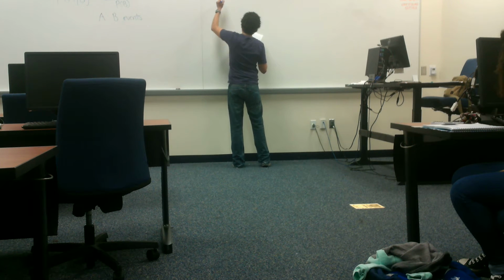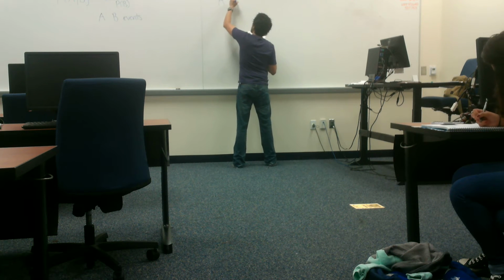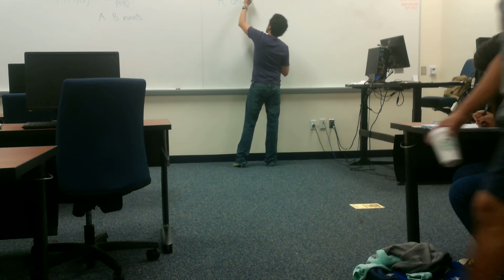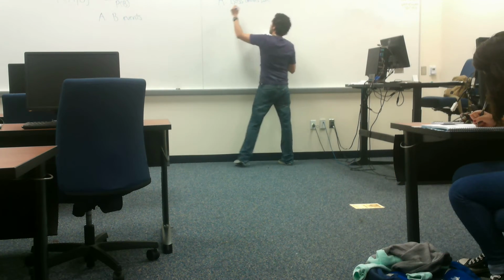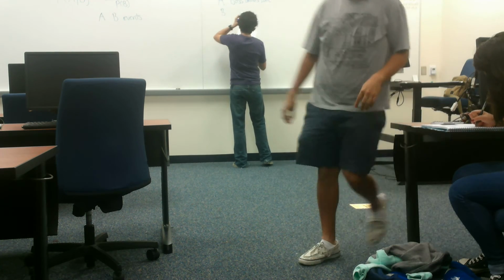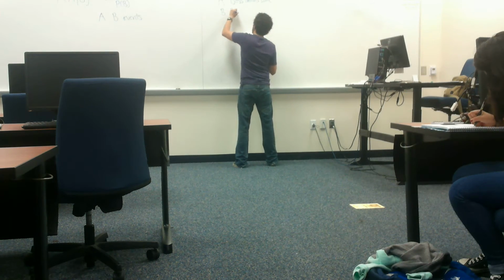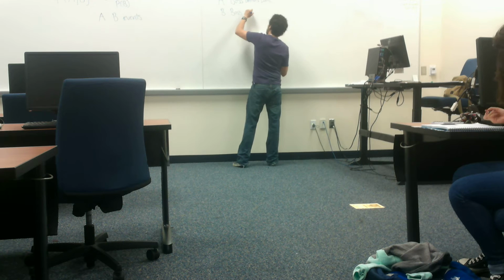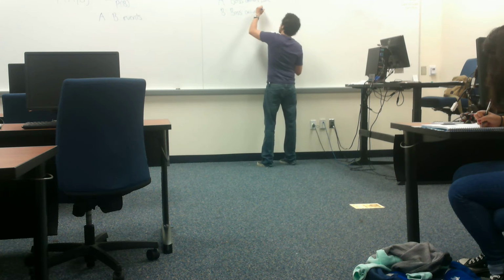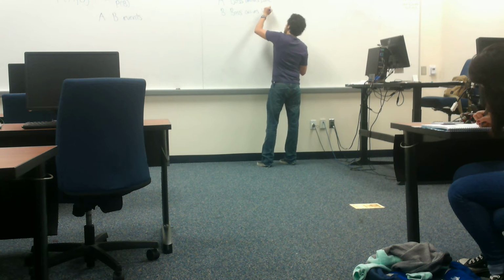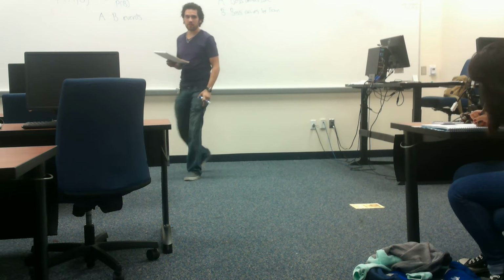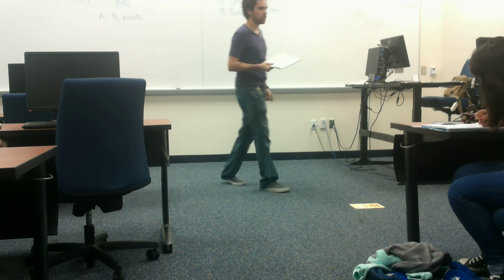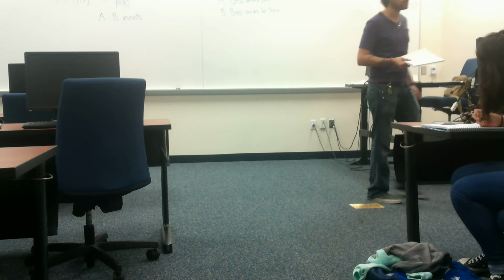So let's just say event A is that your boss arrives late. And event B is that your boss arrives by train. So we can imagine a world where this boss is going to and from work every day, and some days she takes the train, and some days she drives her car, some days she bikes, or whatever.